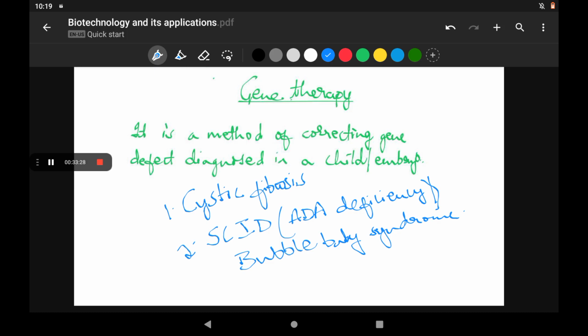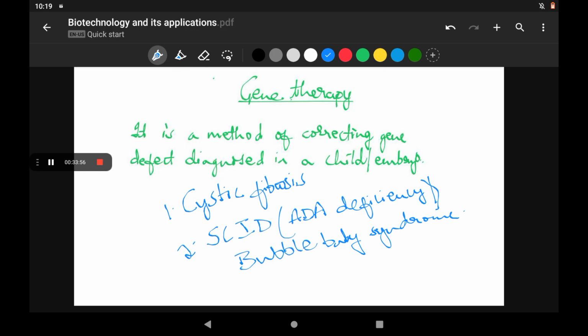It is similar to AIDS, except the diseases are different. What is AIDS? Acquired immunodeficiency syndrome. Here, severe combined immunodeficiency. In both of them, there is immunodeficiency. So the patients who are affected by these disorders do not have immunity, and they are like a walking culture media for all the pathogens.